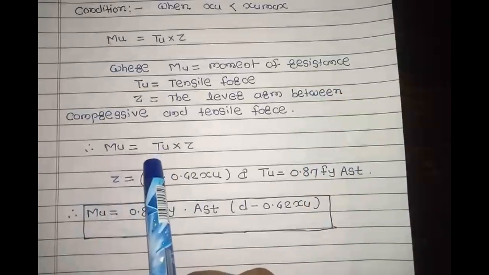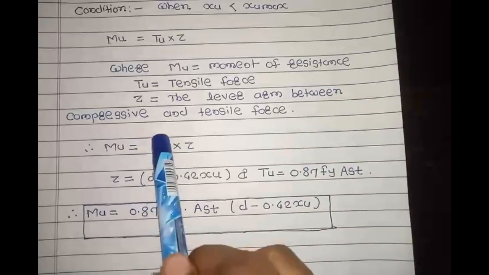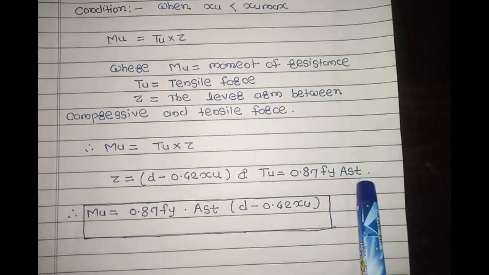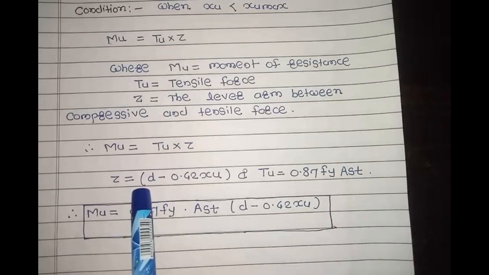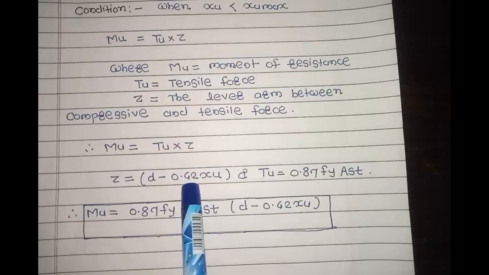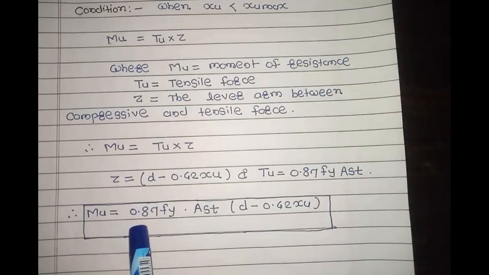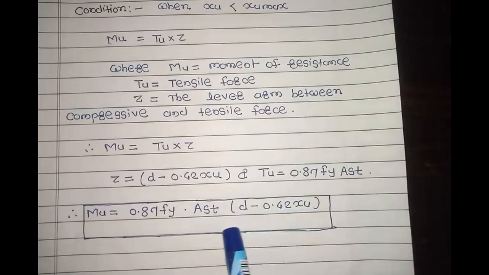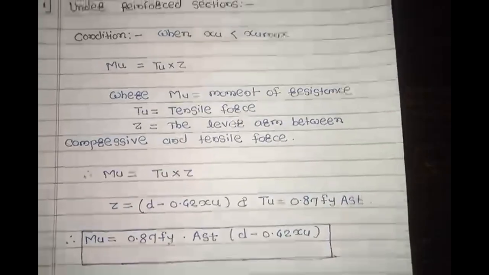Tu is calculated by formula 0.87 Fy AST and Z is calculated by formula d minus 0.42 XU. So Mu is equal to 0.87 Fy AST into bracket d minus 0.42 XU. So this is the first condition, under reinforced section.